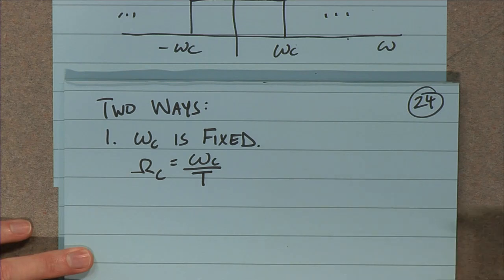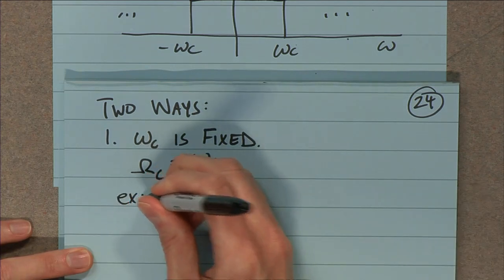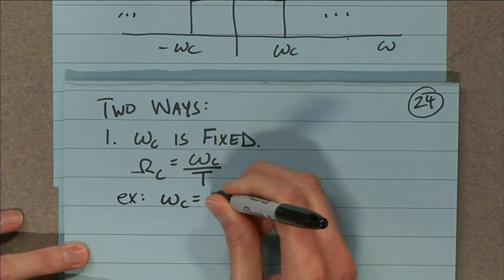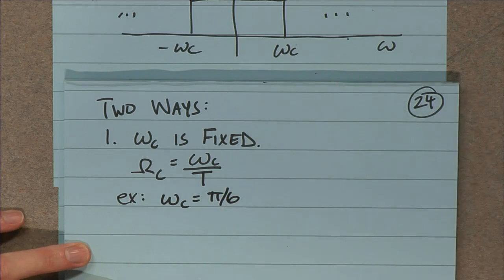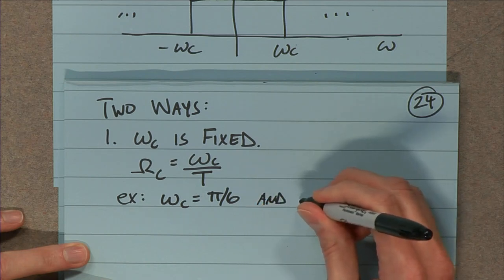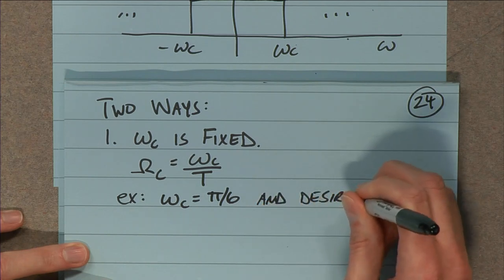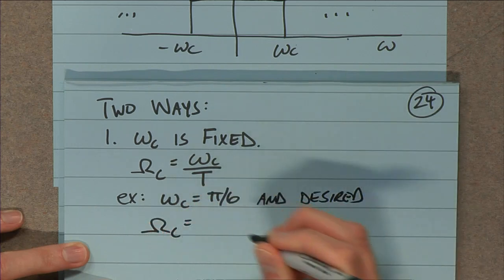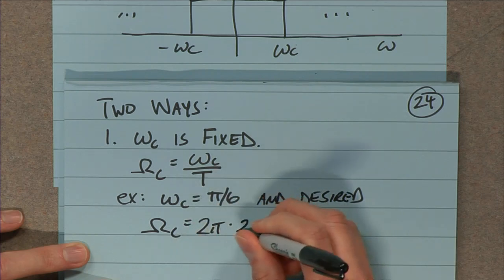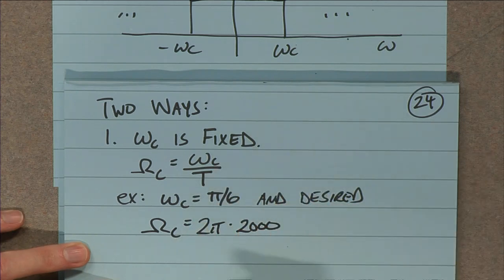So let's say you're trying with an off-the-shelf digital filter and ω_c is like π over 6. And desired Ω_c is, let's say, 2π times 2000. So 2000 hertz or 4000π radians. That's what we want the cutoff to be.